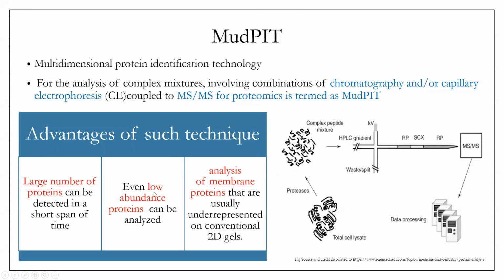Apart from that, low abundance proteins can be analyzed easily. And the membrane proteins, which are normally not expressed in the case of 2D gel electrophoresis, can be directly separated, characterized or identified with multidimensional protein identification technology.